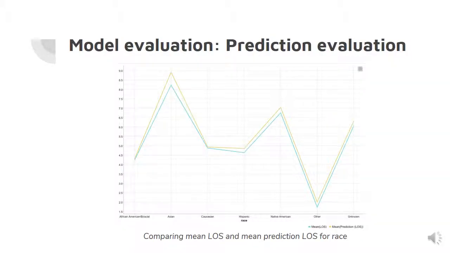Looking at the ethnicity line plot, we can see that for patients from Asian background, the predicted LOS deviated by an average of 1 day from the mean LOS, and other than that, the rest of the race groups came almost as accurate as the actual mean LOS.